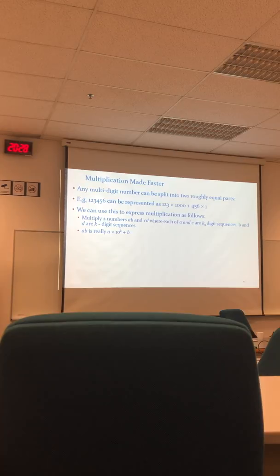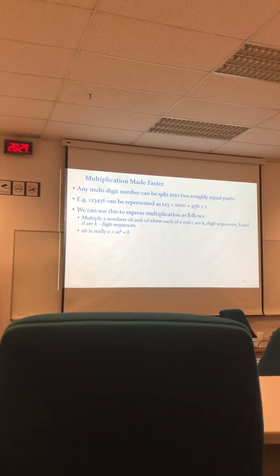K0 is the number of digits in the front part. K is the number of digits in the last part. So the front part has 3 digits, and the last part also has 3 digits.